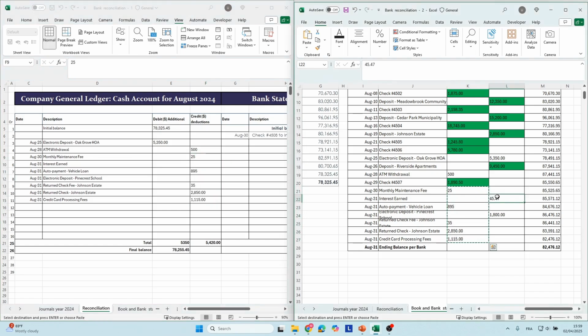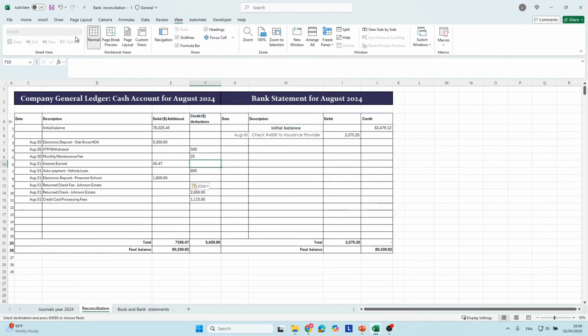And the money that we receive, this is the interest earned, but not booked in our system. We put it on the debit side to increase our balance. The same thing for the electronic payment. We put it on the debit side.